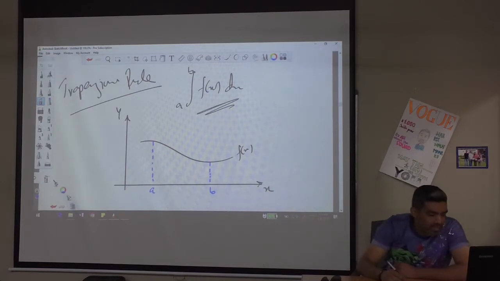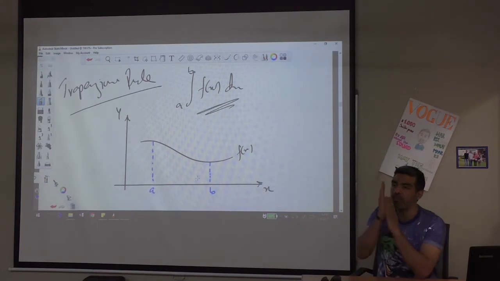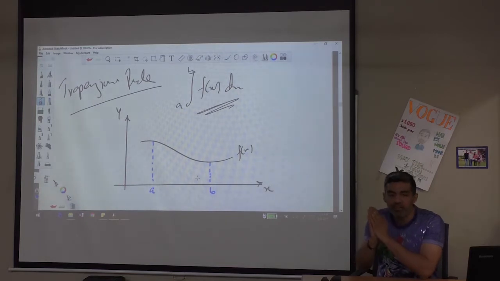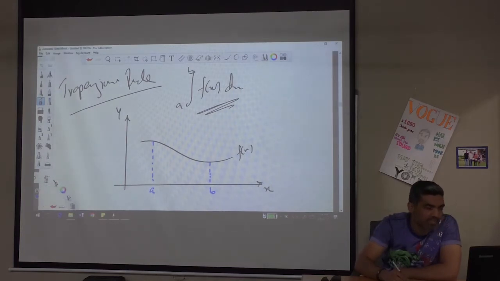Now the trapezium rule says that if you need to find the area, then you break this area into strips, and each strip then becomes a trapezium. So it says break it into strips. I'm just explaining the situation, so I'm going to break it into some strips.